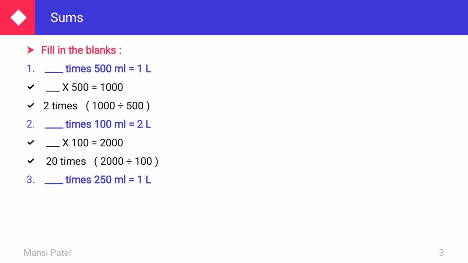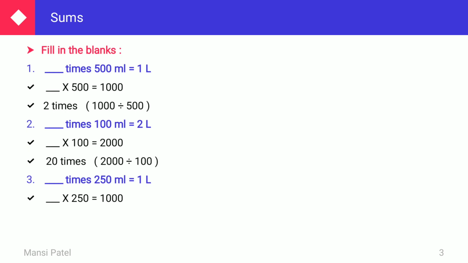Now next, dash times 250 milliliter is equal to 1 liter. Again convert into simple language. Dash multiplied by 250 is equal to 1000, because 1 liter is equal to 1000 ml.